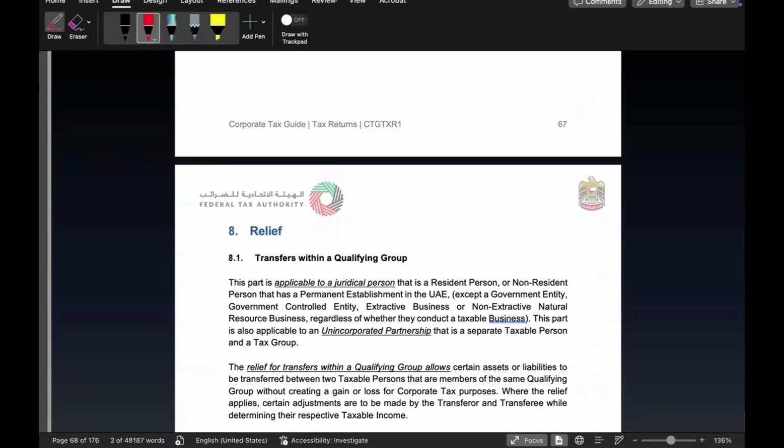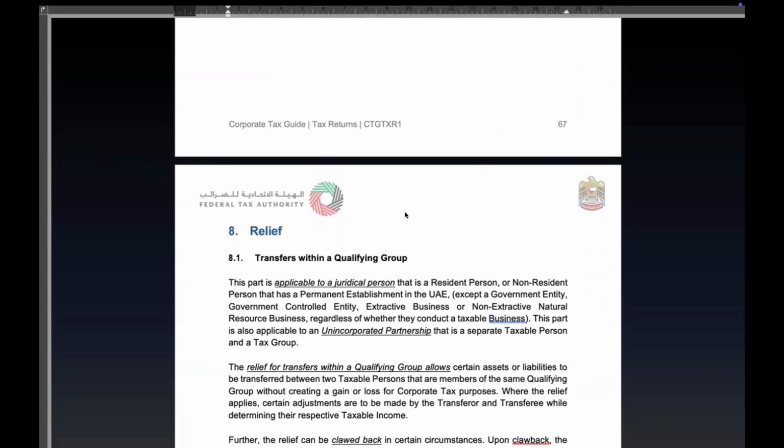Few questions are here. For example, there are 10 entities preparing consolidated financial statements and getting them audited on an annual basis. However, out of these 10, two tax groups are formed having 5 members under each group. We are supposed to prepare special purpose financial statements for the two tax groups and get them audited for each tax group.